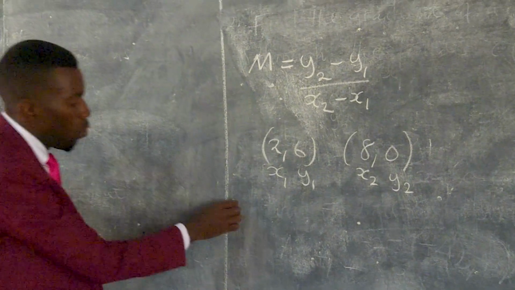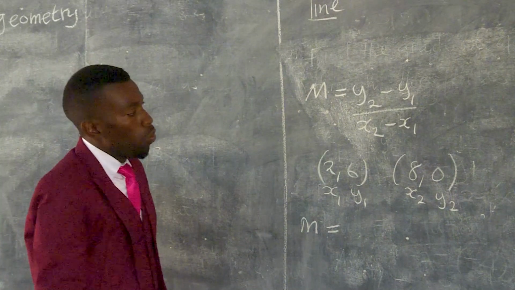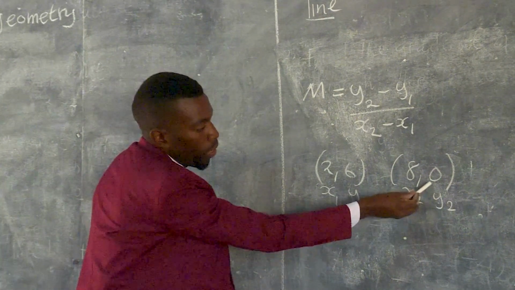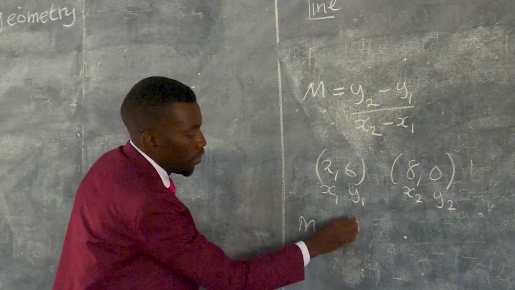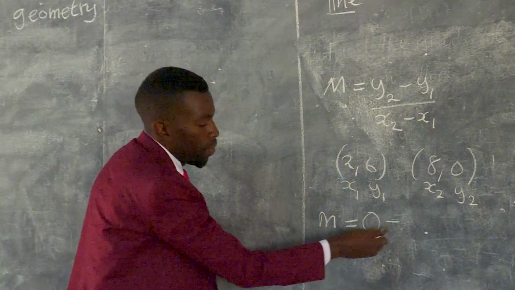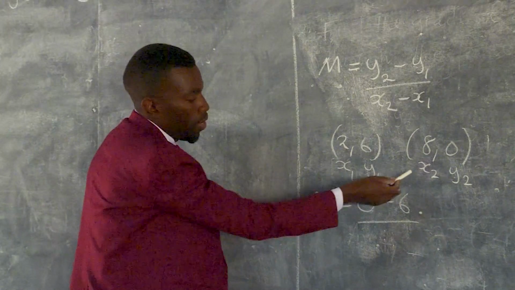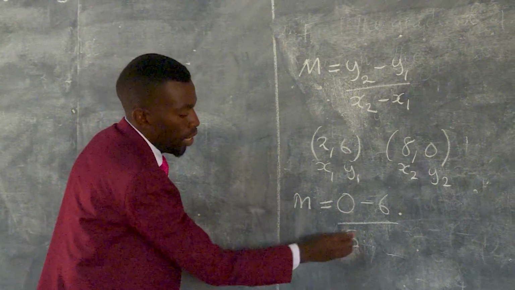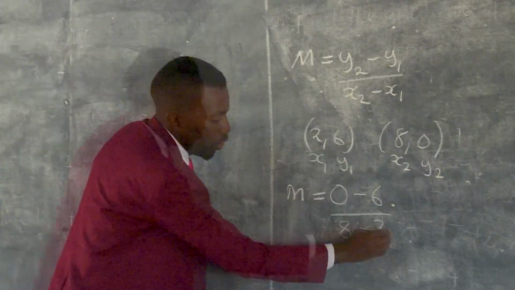So we move on. So our m is equal to y2, then we go straight to where is y2. So y2, that is 0, minus, then we come to y1, that is 6 over, then we go to x2, which is 8, minus, then x1, which is 2.